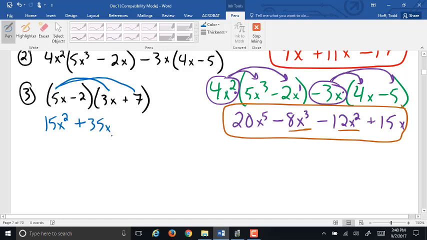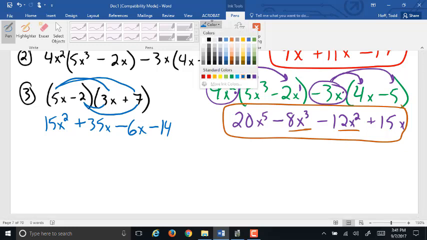Positive 35x. Then the inner or inside, negative 2 times 3x is negative 6x.